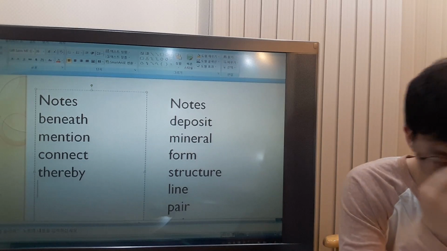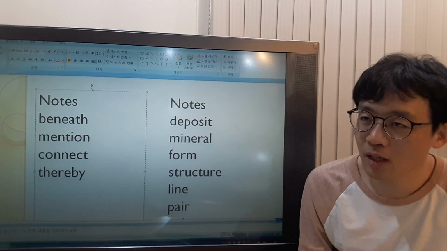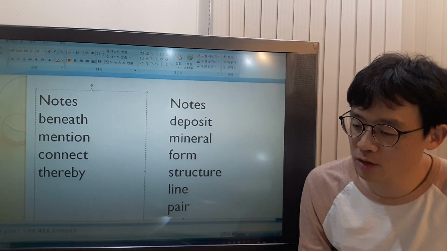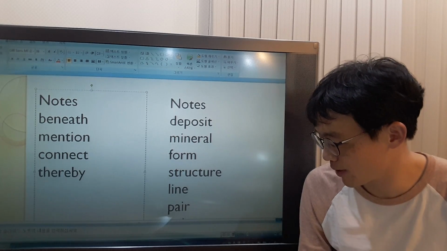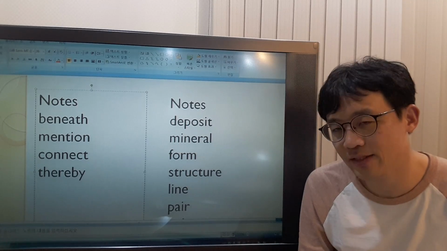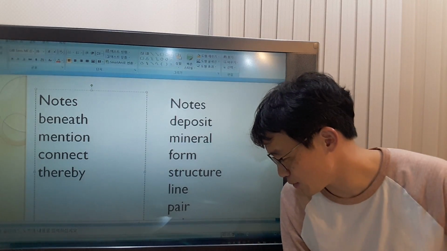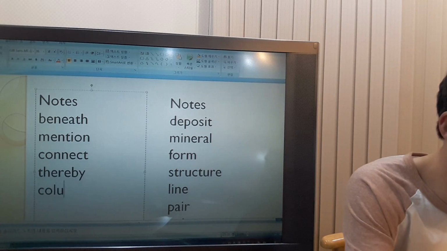You use thereby when you want to talk about the result or the consequence of something that you have just said. So thereby means something like by that, okay? And by that become a column. What's a column?